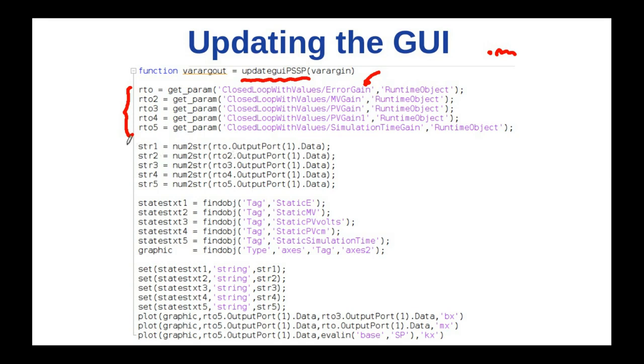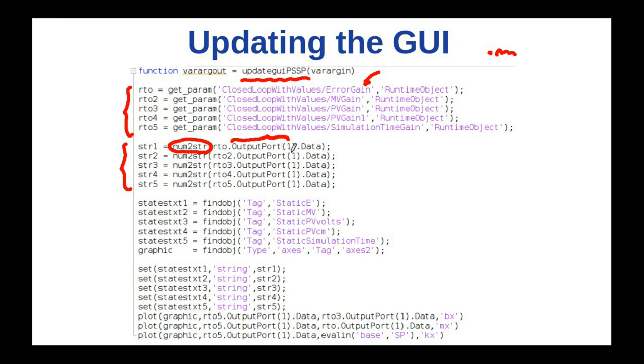Finally, I get the numerical values of the output ports of these objects, and I translate these numerical values into strings. So that's why here you find number2string. So it's the real-time object. This real-time object is an object that has a field called output port.